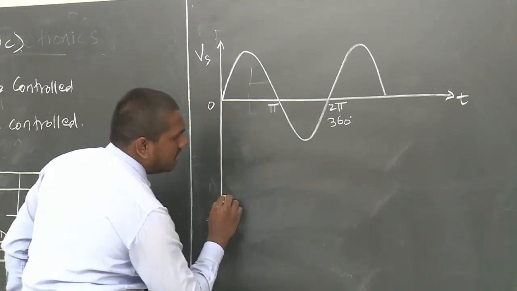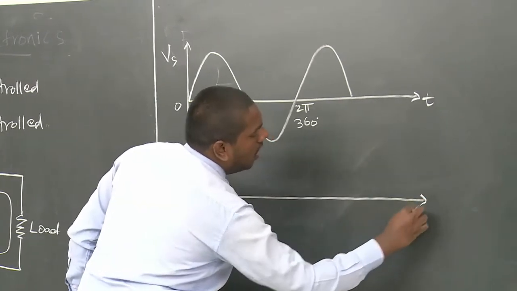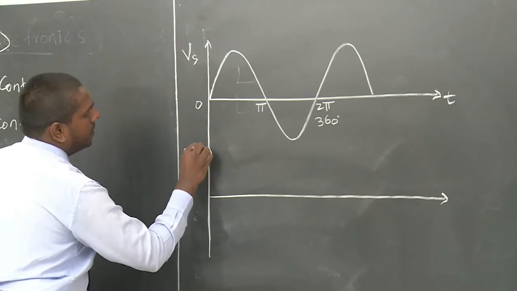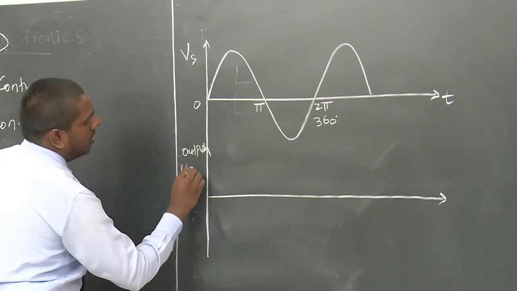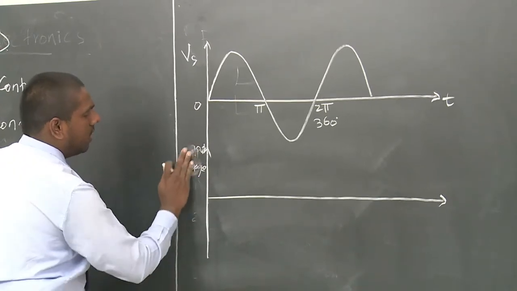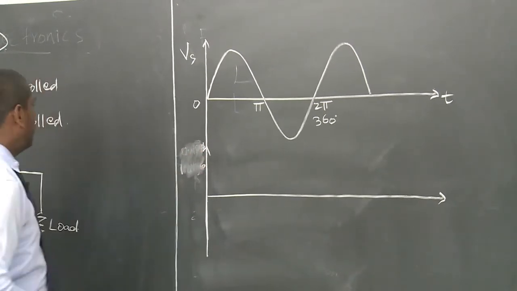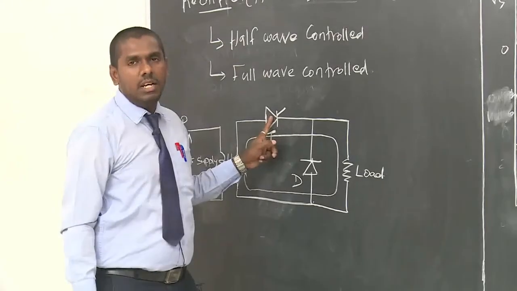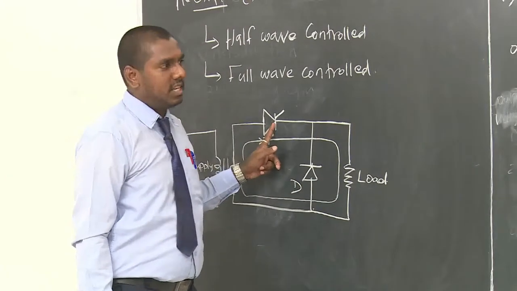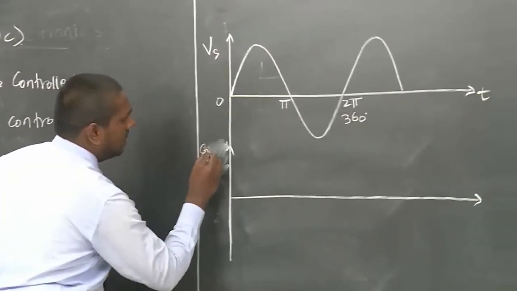Then next is the output voltage. Before the output voltage, we have to enable this thyristor. How can you enable this thyristor? Based on the gate signal. So that is the gate signal.